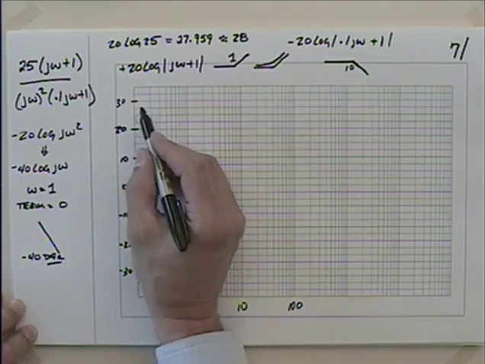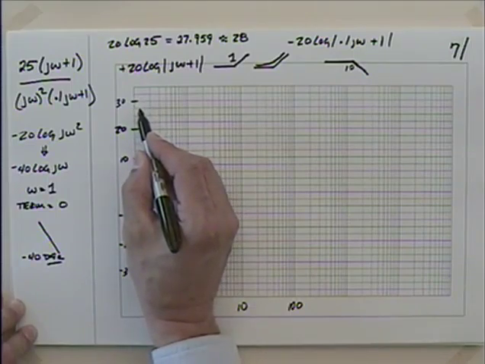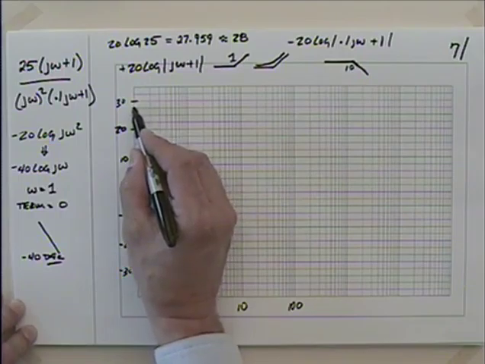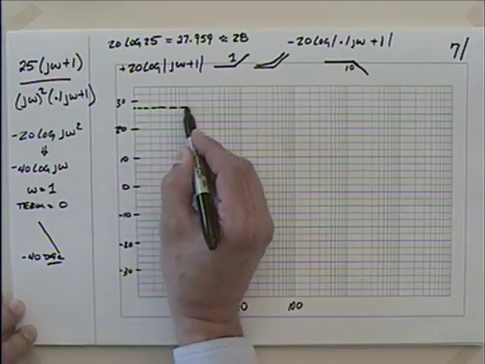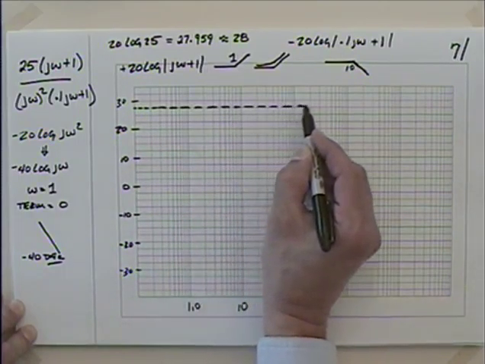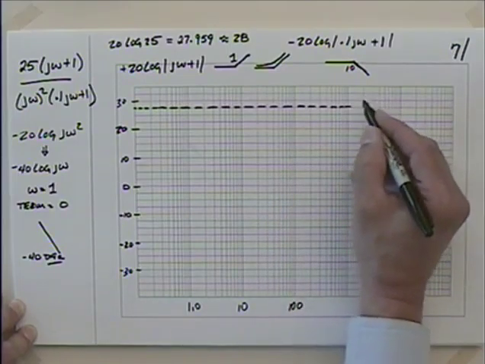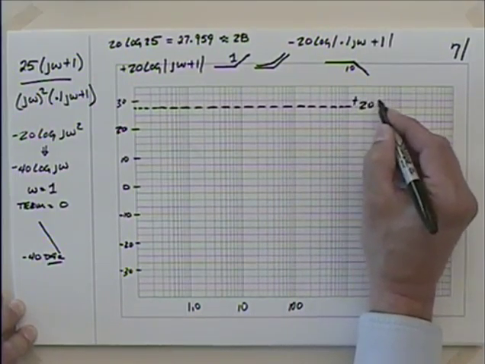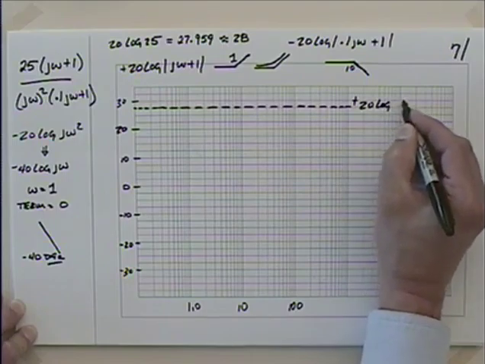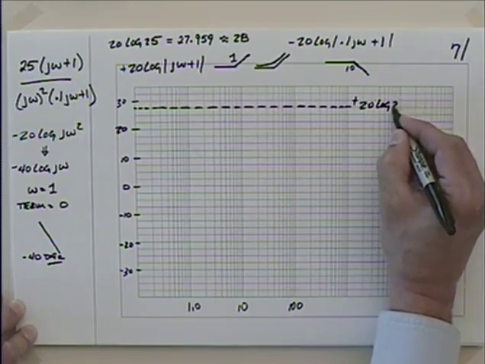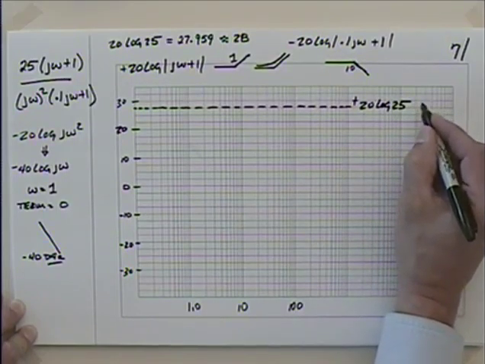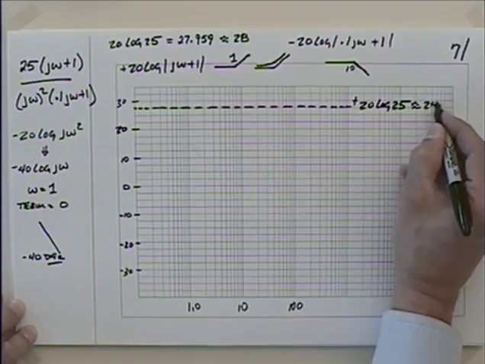So there's 20, there's 30, so pretty close to that. We'll have that term plus 20 log of 25, which turned out to be about 28.